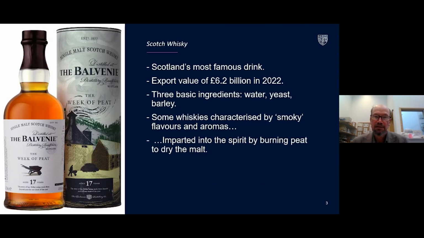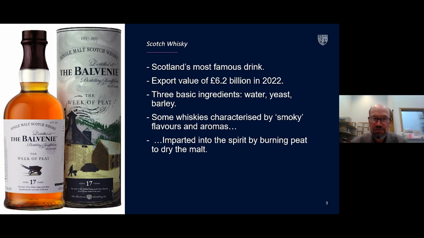So I don't know how many of you out there are whisky drinkers, but if you're not, then there's still an awful lot of people who are. It's Scotland's most famous drink, with a potential exception of Irn-Bru. It has an enormous export value to the UK of over 6 billion, and those figures are a couple of years old now, and they're still rising.